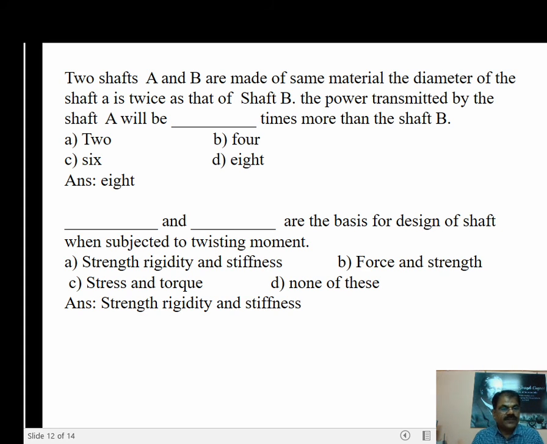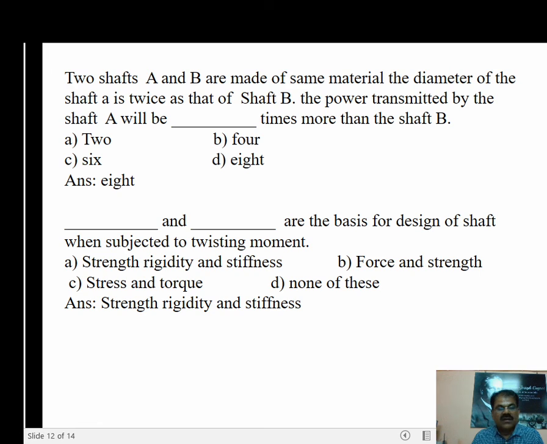Next MCQ: dash and dash are the basis for the design of a shaft when subjected to twisting moment. Options: A is strength, rigidity and stiffness; B force and length; C stress and torque; D none of these.